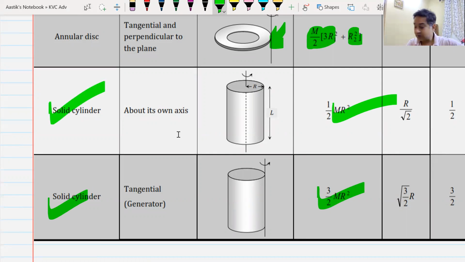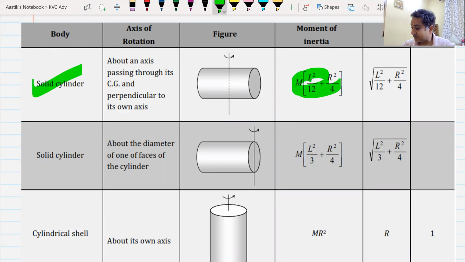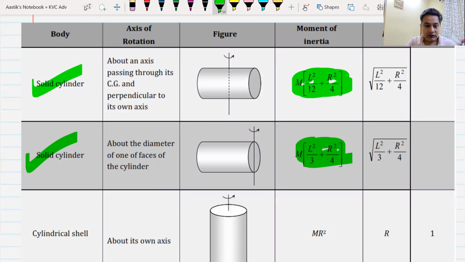Then we have this one. I've got the list of almost everything so that anything comes, you should be able to know. The solid cylinder about this axis, it is like this. No one is going to ask you this. About this axis, it is going to be like this. No one is going to ask you this. But still, I will send you this entire sheet, so you can have a look at this.